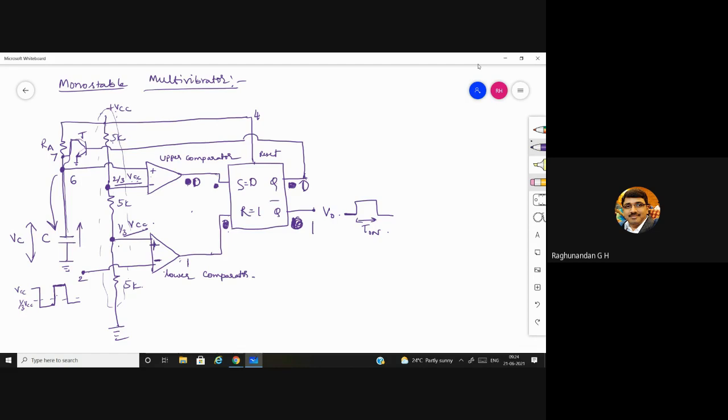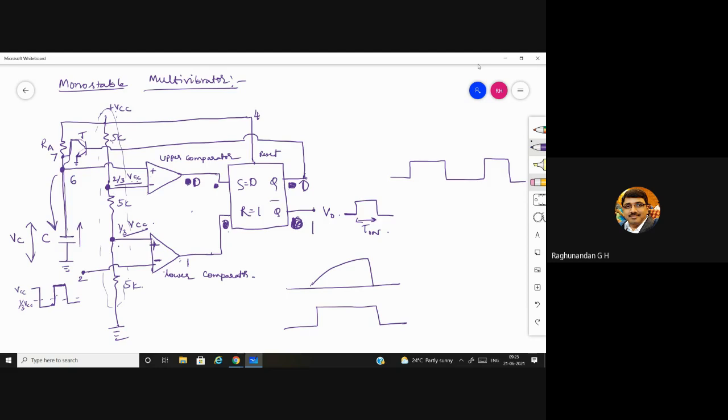Because of the charging and discharging of the capacitor, we will be having the output. While charging, we'll be having the output high. While discharging, we'll be having 0. So like this, we'll be able to produce a square waveform.